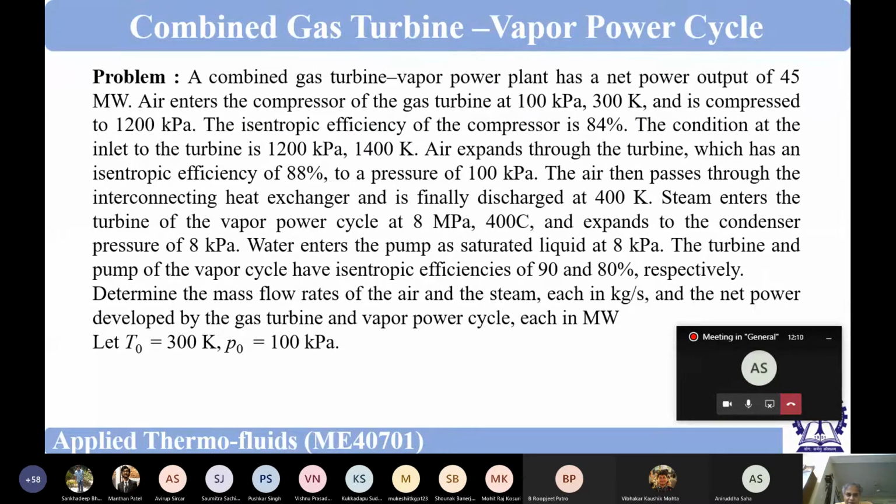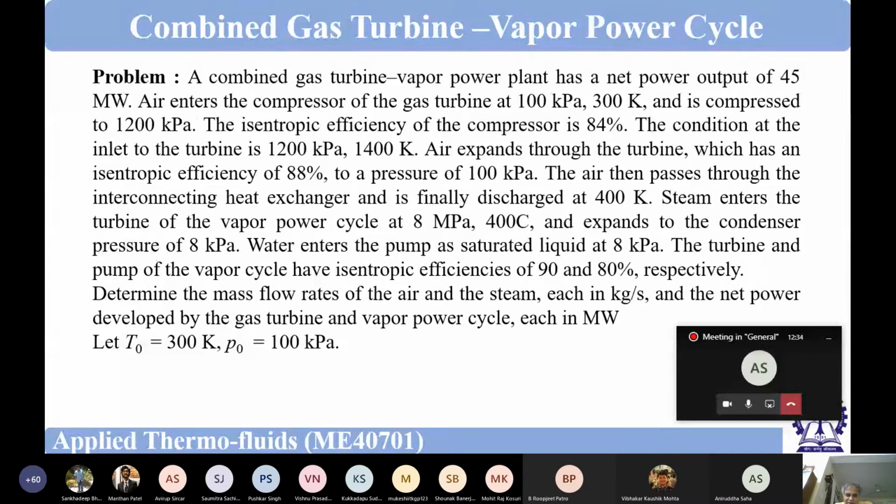Air then passes through the interconnecting heat exchanger, which I have called the heat recovery steam generator, and is finally discharged at 400 K. Steam enters the turbine of the vapor power cycle at 8 megapascal, 400 degrees Celsius, and expands to the condenser pressure of 8 kilopascal.